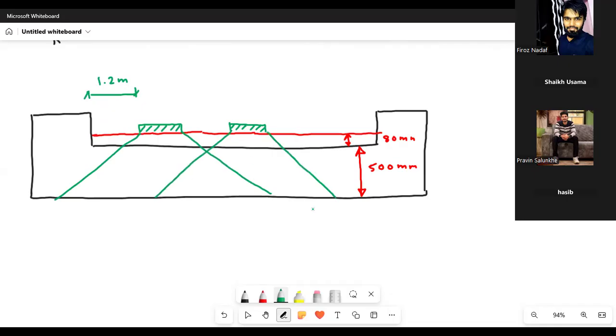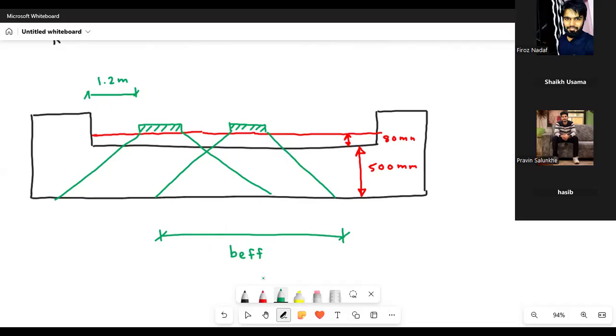So the total dispersion of a single track, this is the single track that we have. The total dispersion, not up to the wearing coat, is nothing but B effective. This is how it disperses at 45 degrees. The total dispersion of a single track is known as B effective.